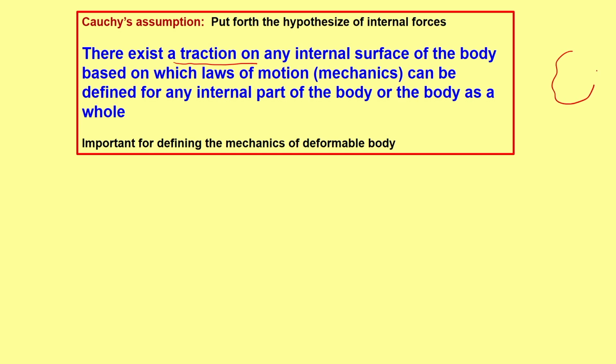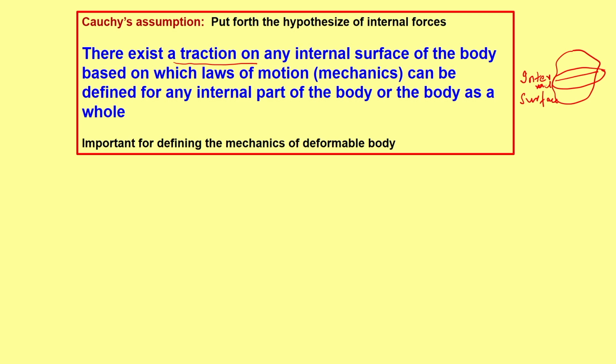For example, if you have a body, it is not 3-dimensional, it is 2-dimensional. What it means is that if there is an internal surface of the body, let us say this is the internal surface, this is the internal surface.